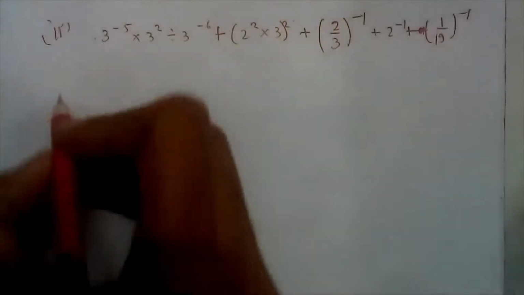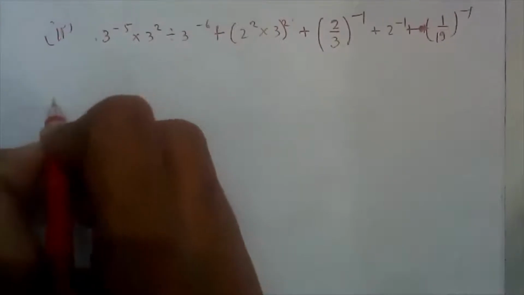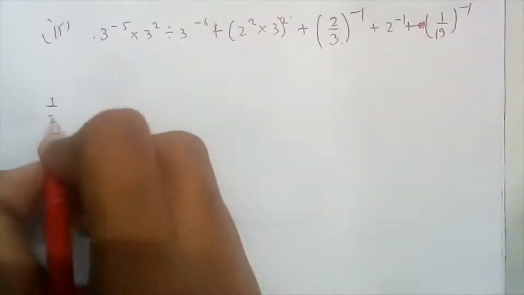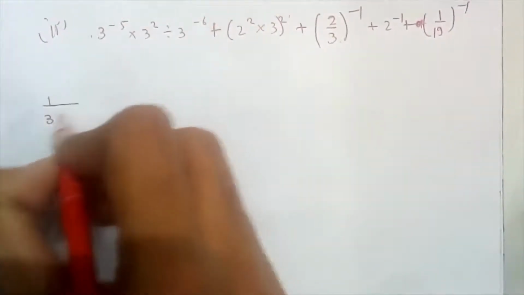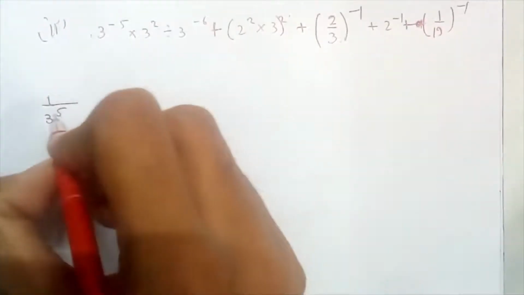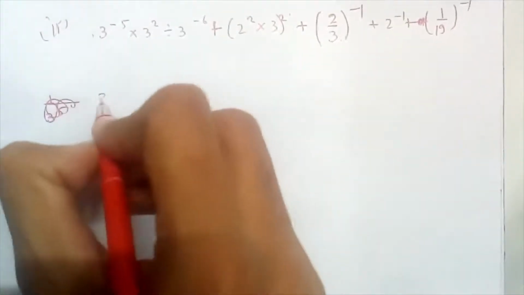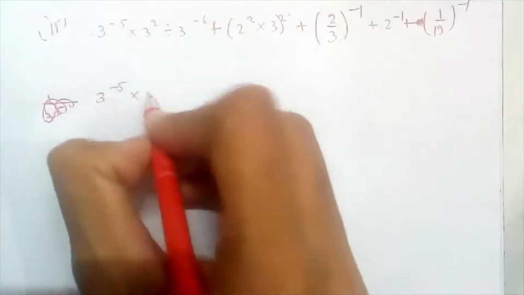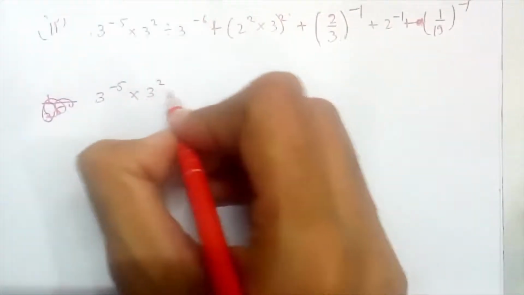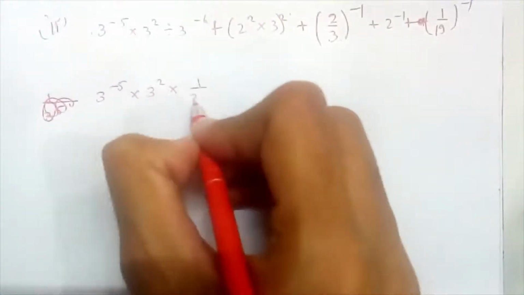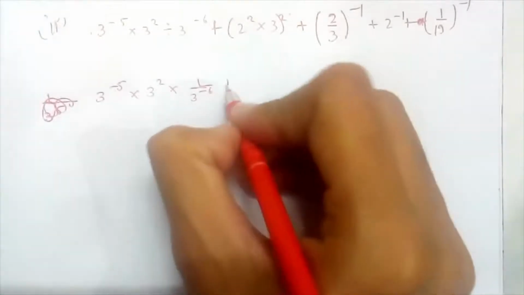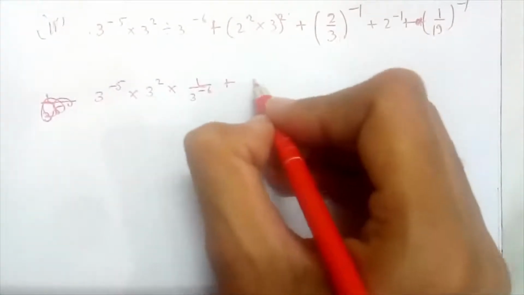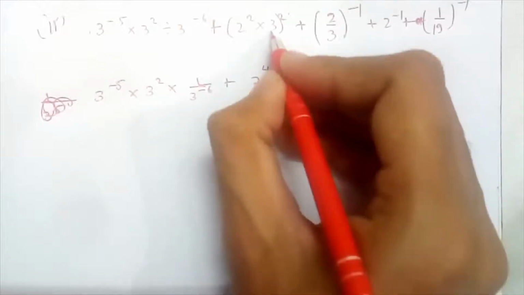So for solving this question, let's simply write it as 1 by 3 to the power 5. Okay, let's do it in different way. 3 to the power 5, 3 to the power 2 multiplied by 1 upon 3 to the power minus 6 plus 2 to the power 4 into 3 to the power 2.